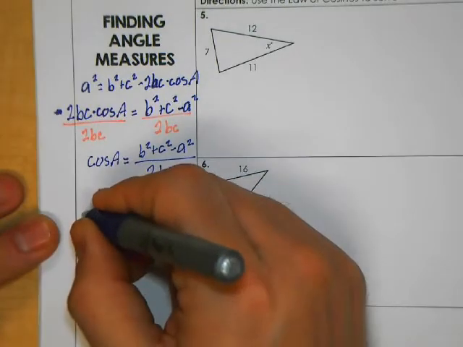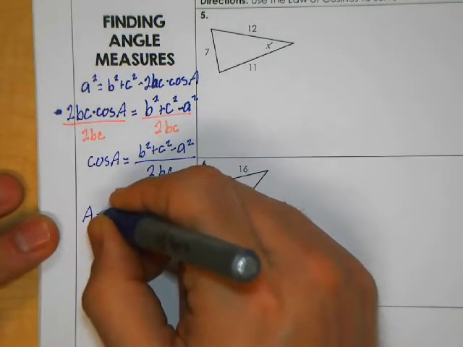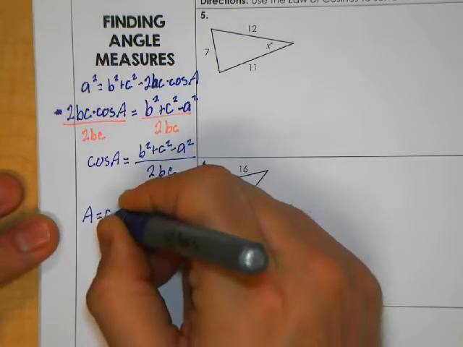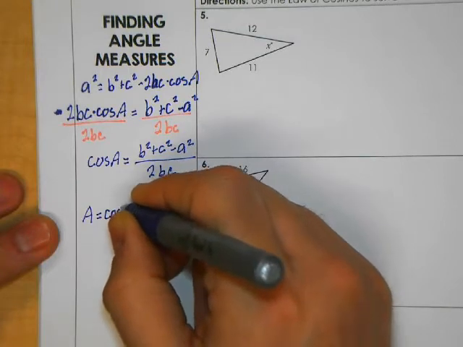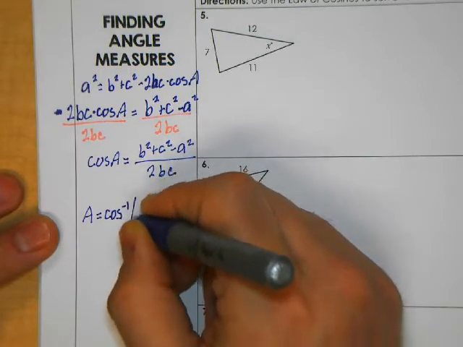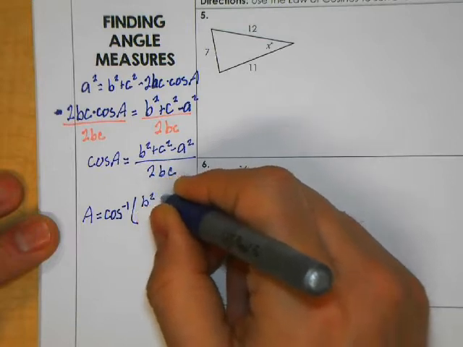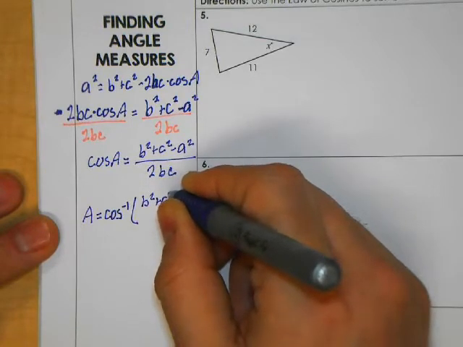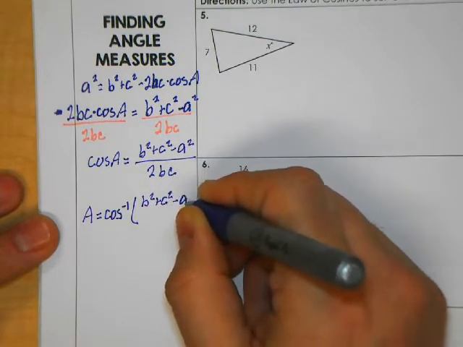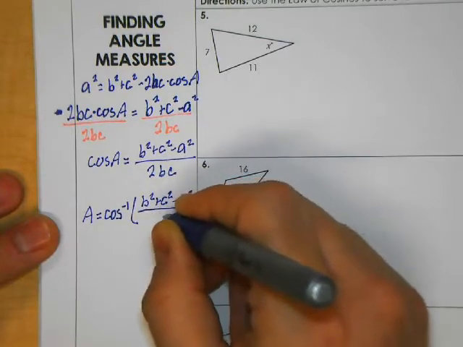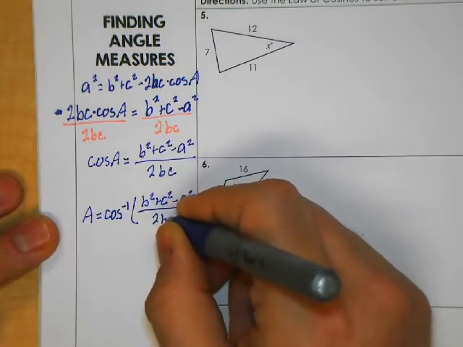I'll say angle A will be equal to the inverse cosine of b squared plus c squared minus a squared, all of it divided by 2 times b times c.